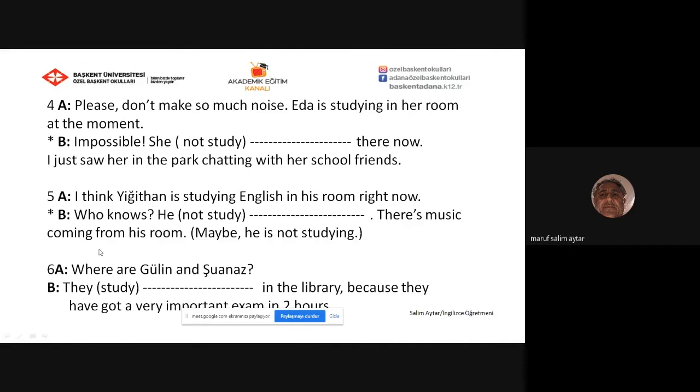In the fourth, it says, please don't make so much noise. Eda is studying in her room at the moment. So it should be a present continuous deduction. And this gives us the right clue, impossible. So it should be a present continuous negative deduction, and in it we should make a strong one, I guess.